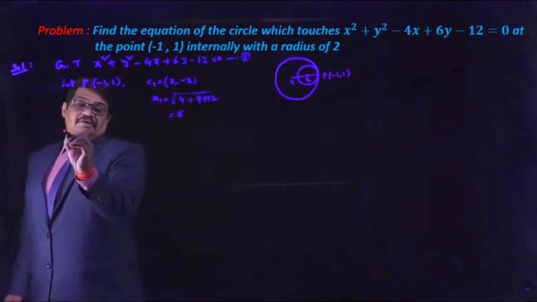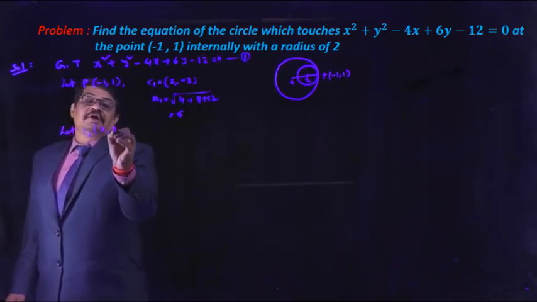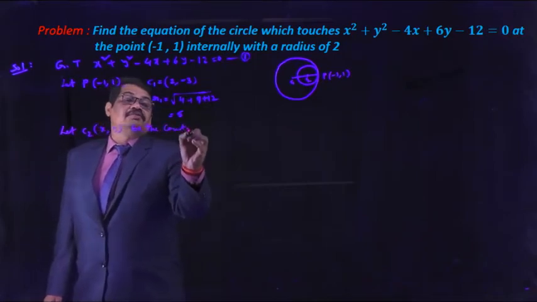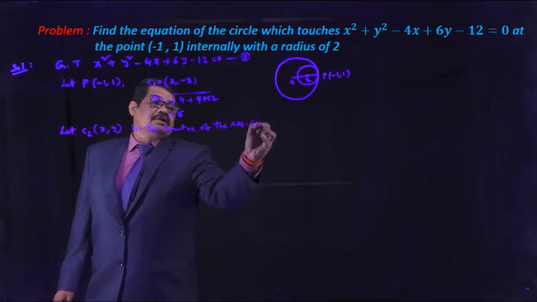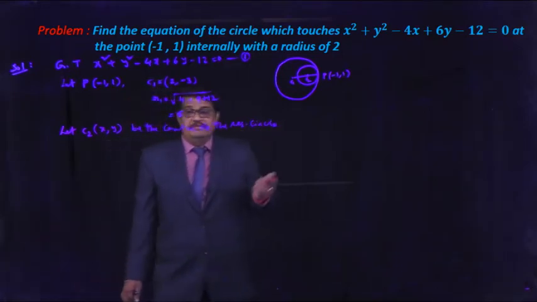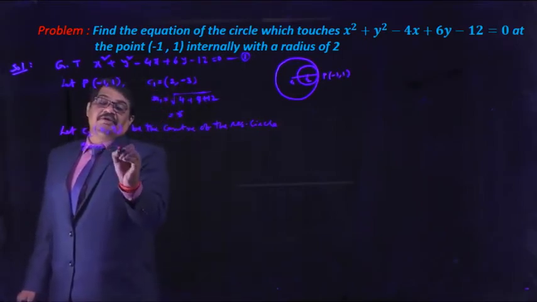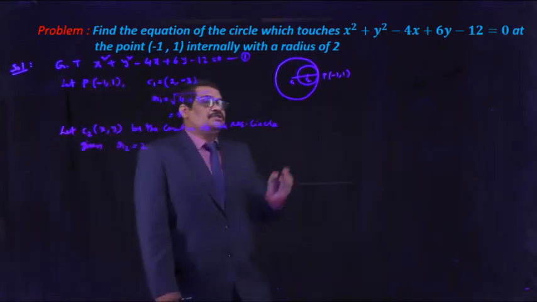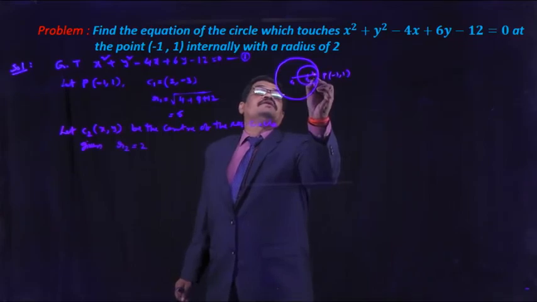Now let C2, that is x comma y, be the center of the required circle, and the radius of the required circle is given, this is 2.